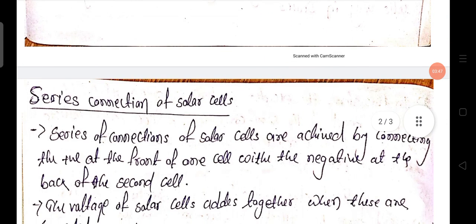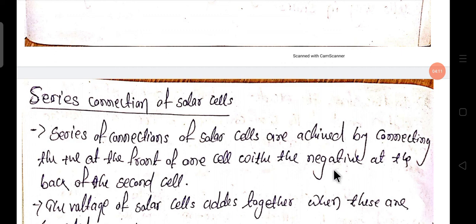Now let's see the series connection of solar cells. First, why do we do a series connection? Because we need high voltage. When we need high voltage we connect the solar cells in series.